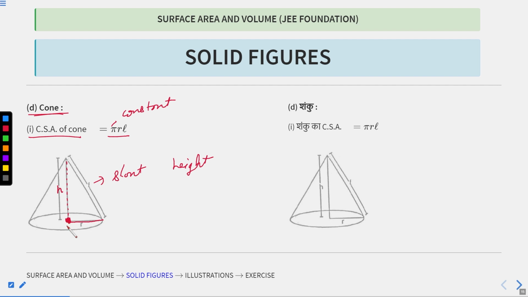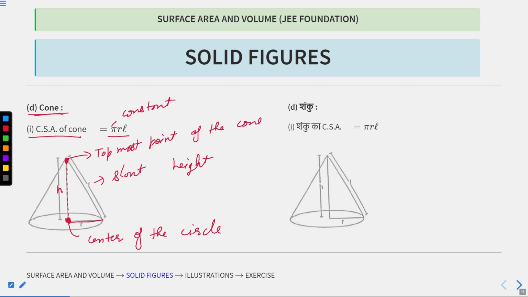This is my center of the circle, and this is the apex point on the cone. Okay, the topmost point of the cone.